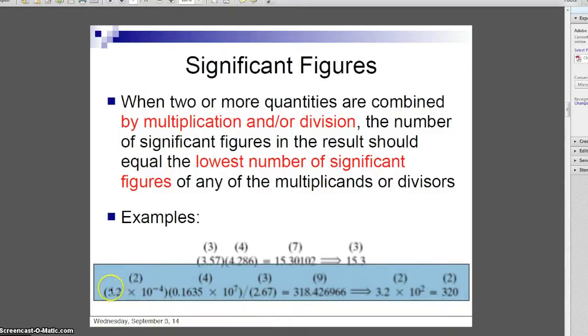So there's two significant figures there, and 0.1635 has four significant figures, while the division section has three significant figures. So I guess you can guess what the final significant figures are. It has to be two significant figures because that's the lowest number of significant figures in the multiplication and division.